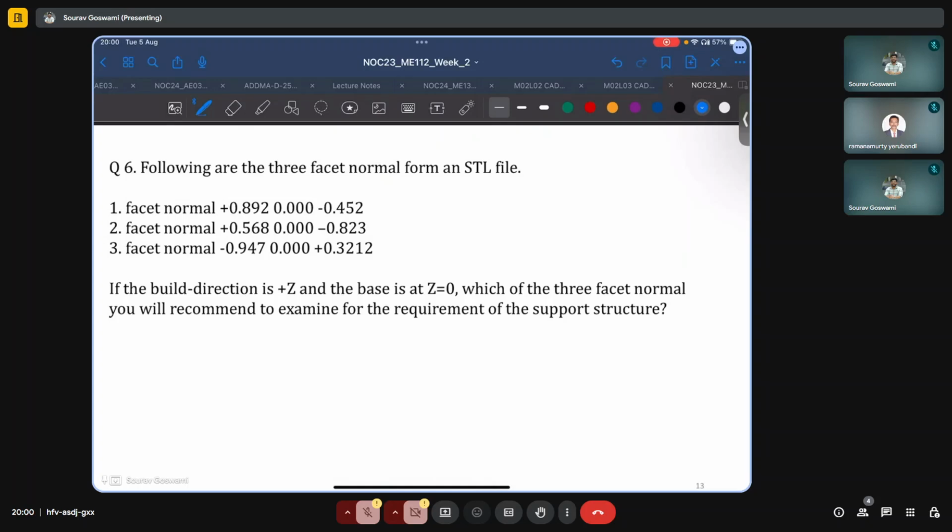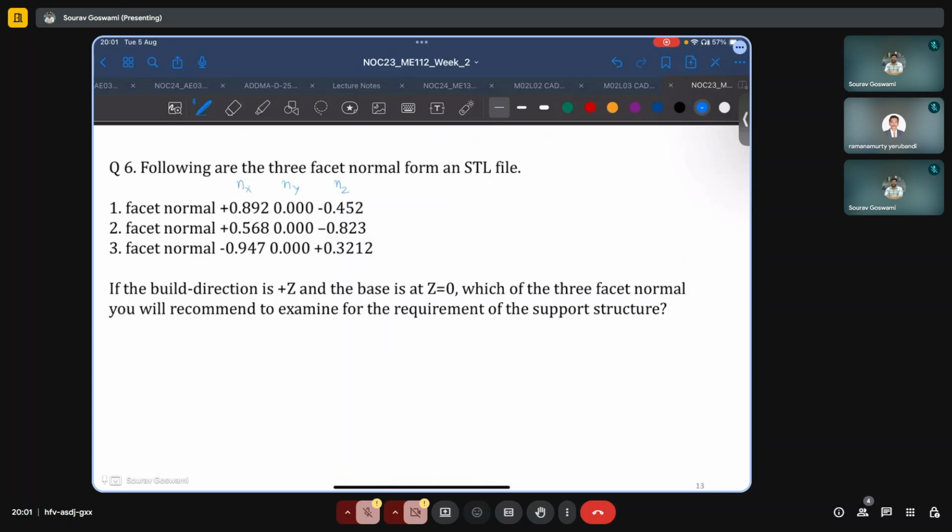It's already 8 p.m. So we are given 3 facet normals for 3 different facets of an STL file, and their components are listed here. So as we already know, this is the X component, say NX, the Y component NY, and the Z component NZ. For the first one, the values are 0.892, 0 and minus 0.452.